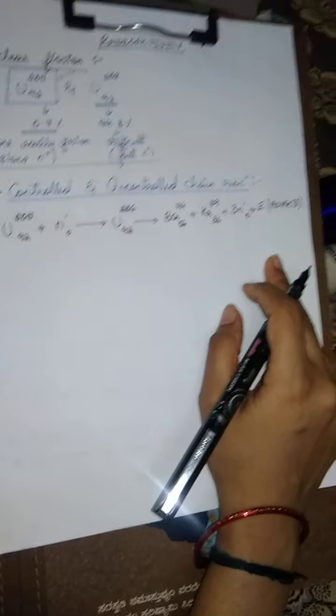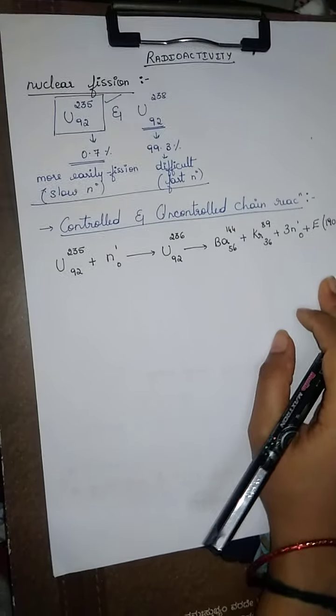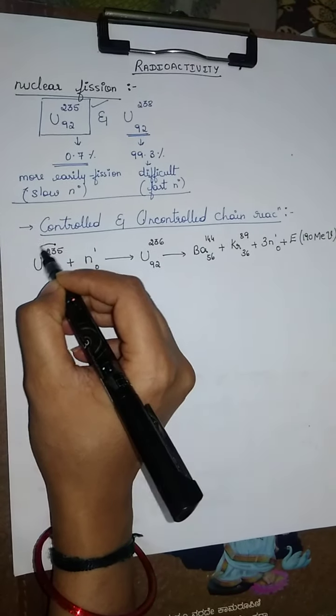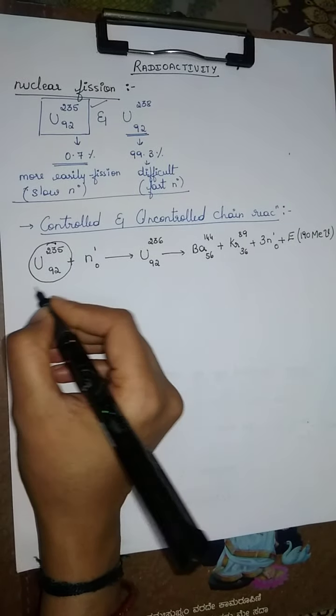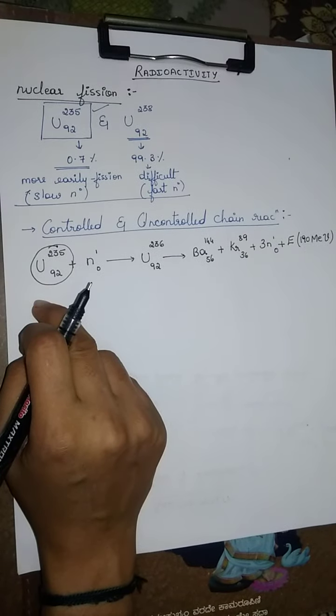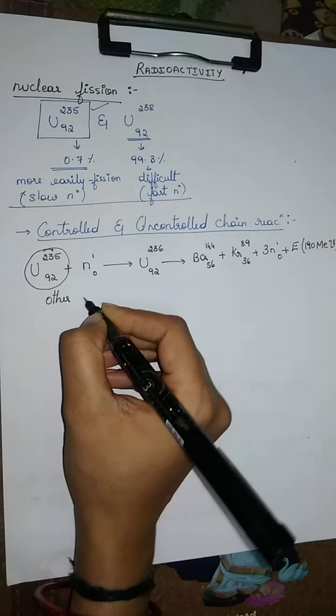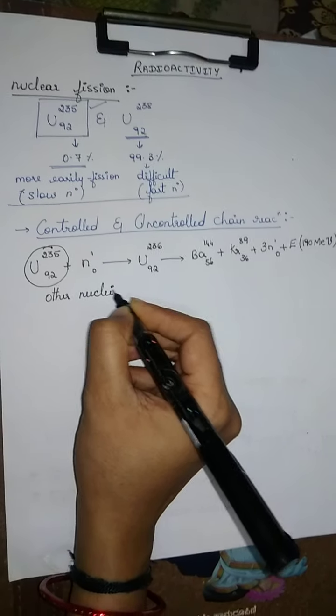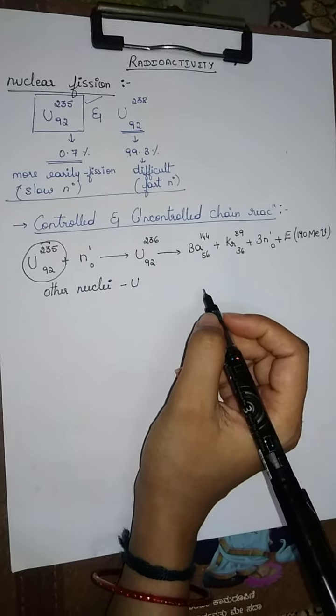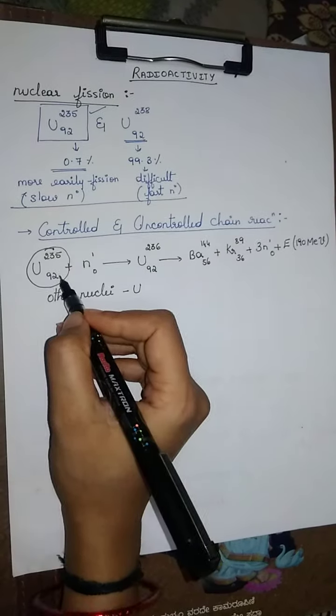So this is the reaction, correct? In a radioactive substance, it is not only one uranium nucleus that is present, there are other uranium atoms present with this atom.